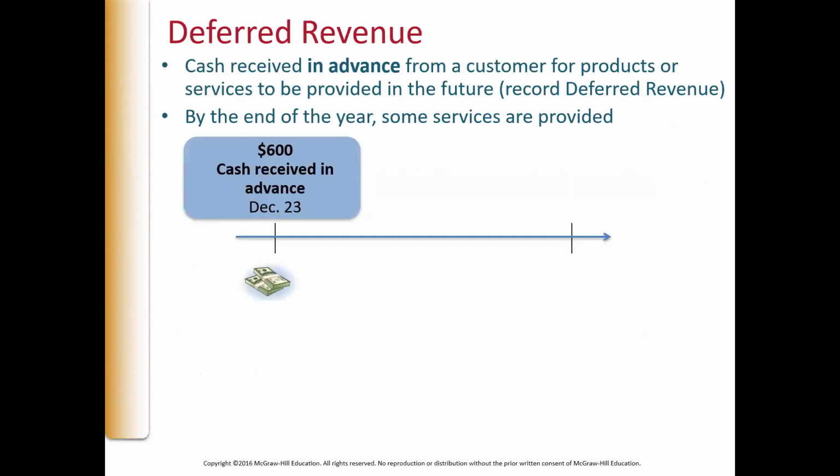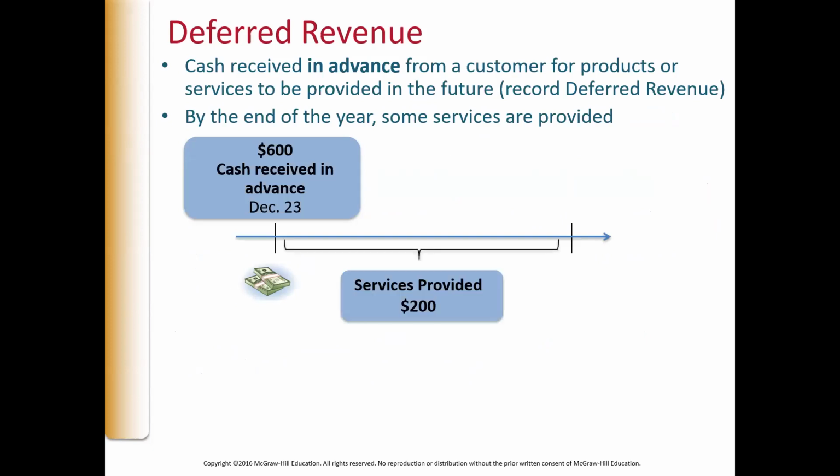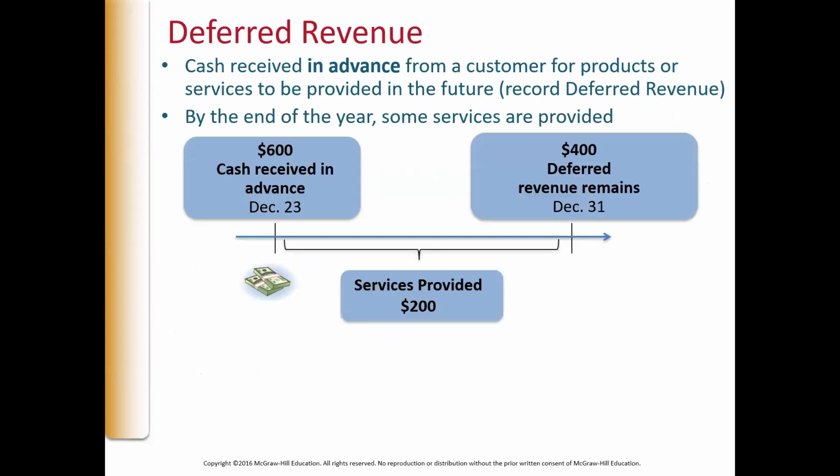So when cash is received in advance from a customer for products or services to be provided in the future, it is recorded as a deferred revenue. But by the end of the year, some of the services are provided.